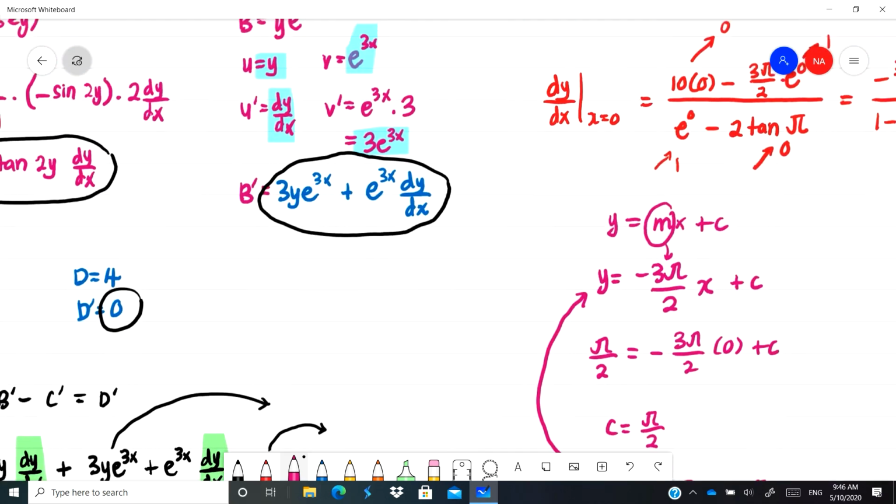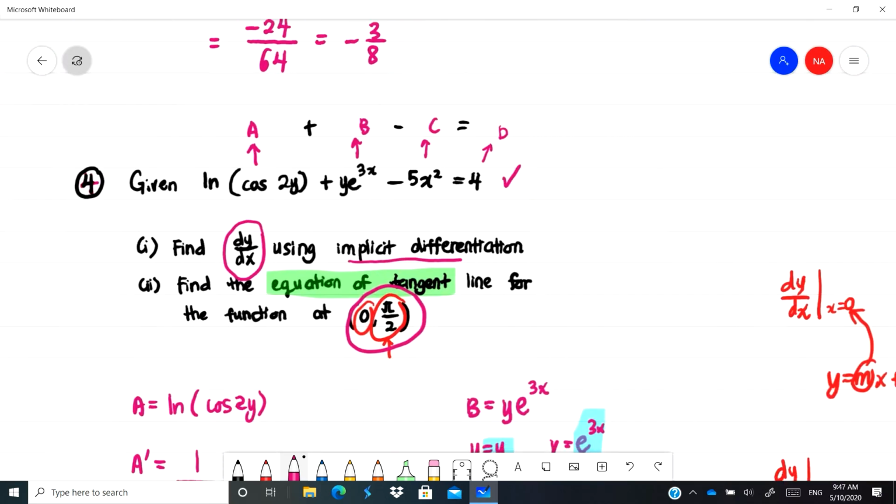Sometimes the question can give you an equation like this and ask us to find the dy over dx using implicit differentiation. From the implicit differentiation, we can get the value of the gradient of the tangent line to the curve at certain given points.